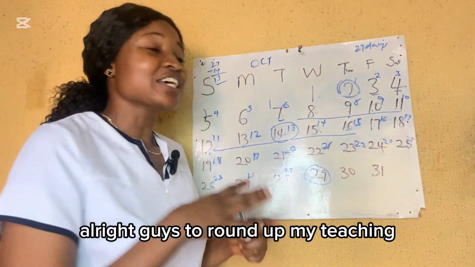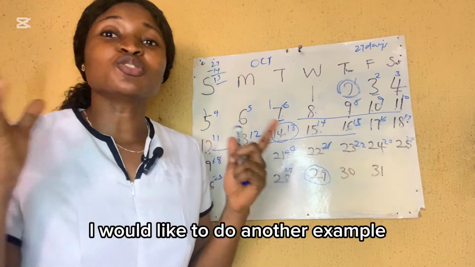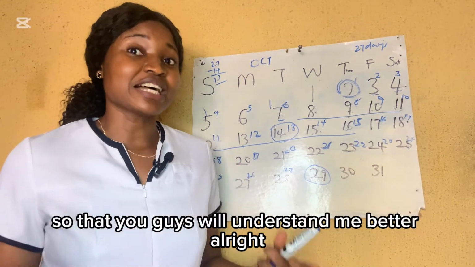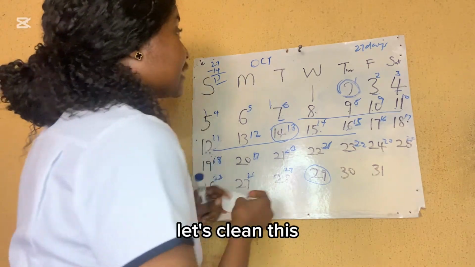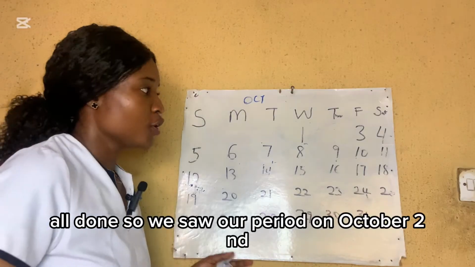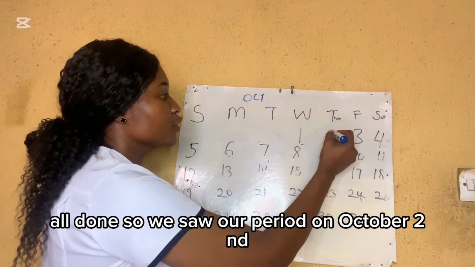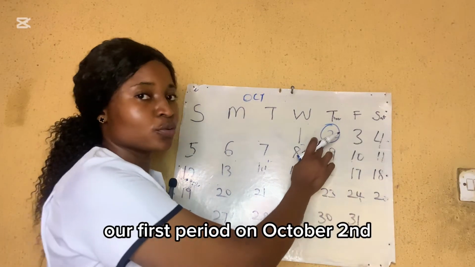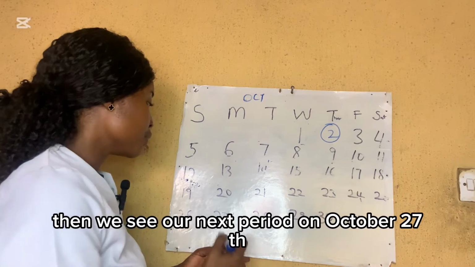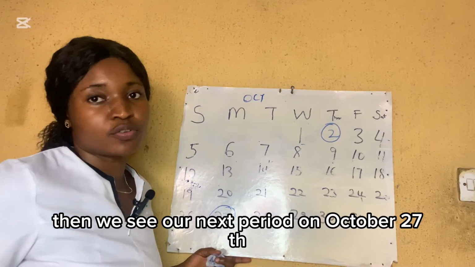All right, guys, to round up my teaching, I would like to do another example so that you will understand me better. Let's clean this. So we saw our first period on the 2nd of October. Then we see our next period on the 27th of October.